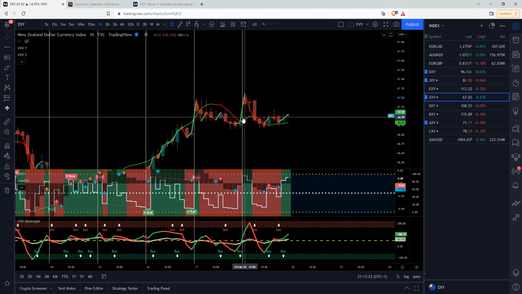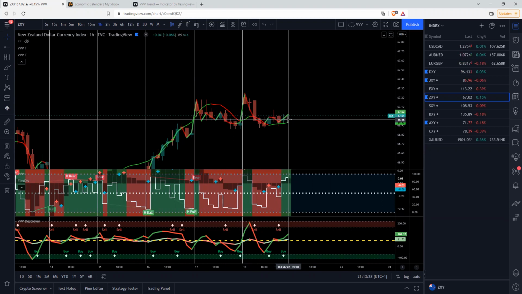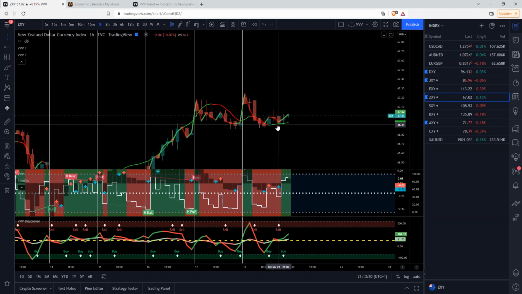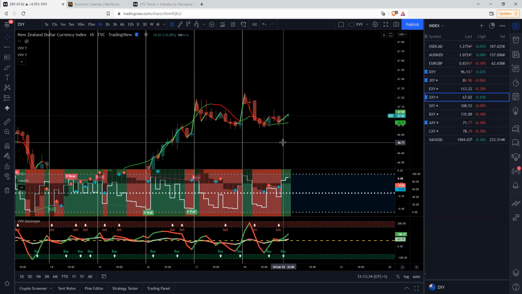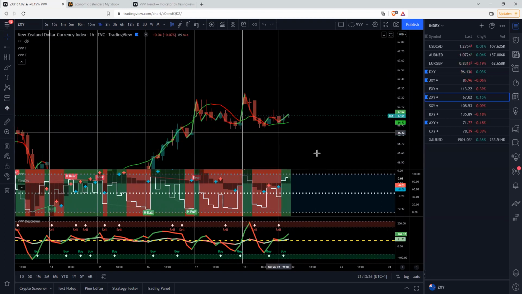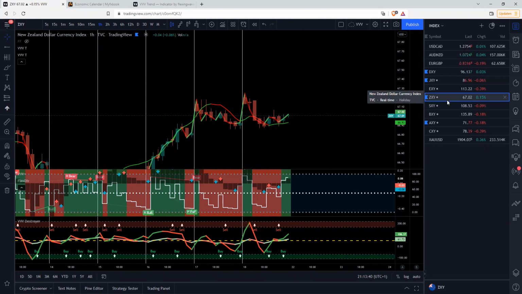Yes, 14 hour. All right, strange again. But the ZXY, New Zealand dollar index, is about to rise.